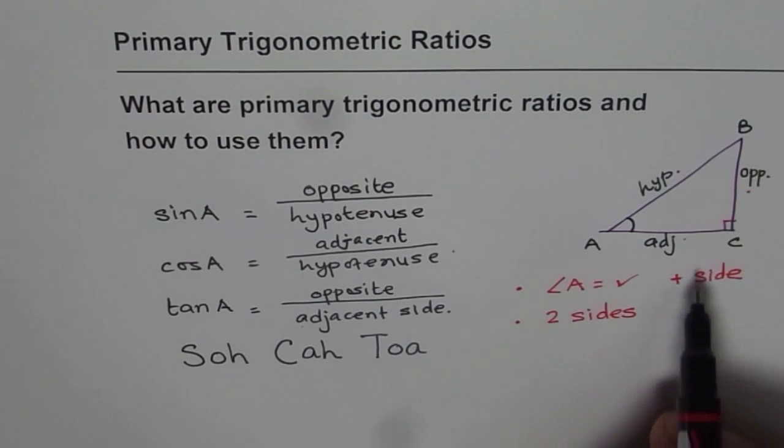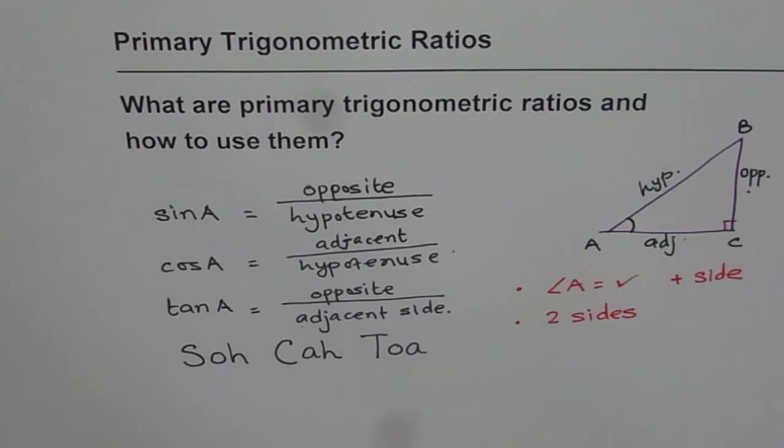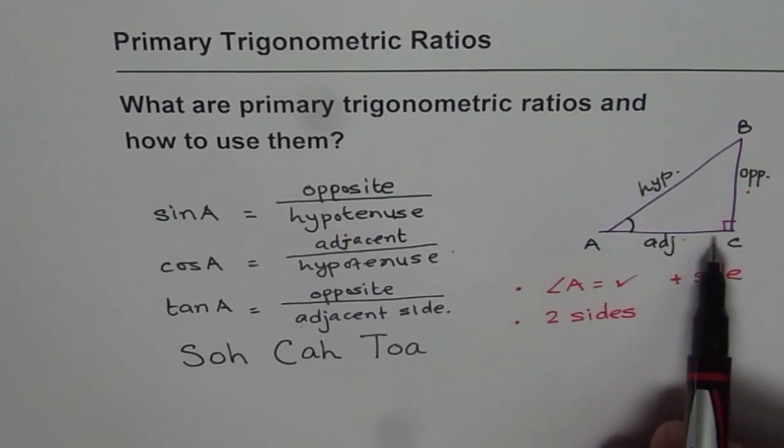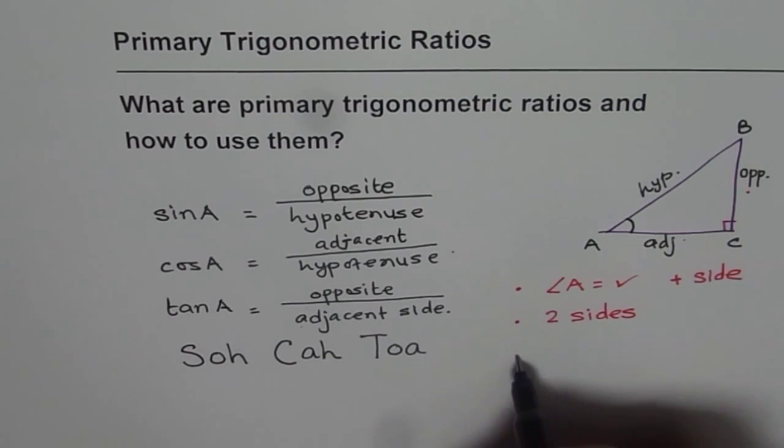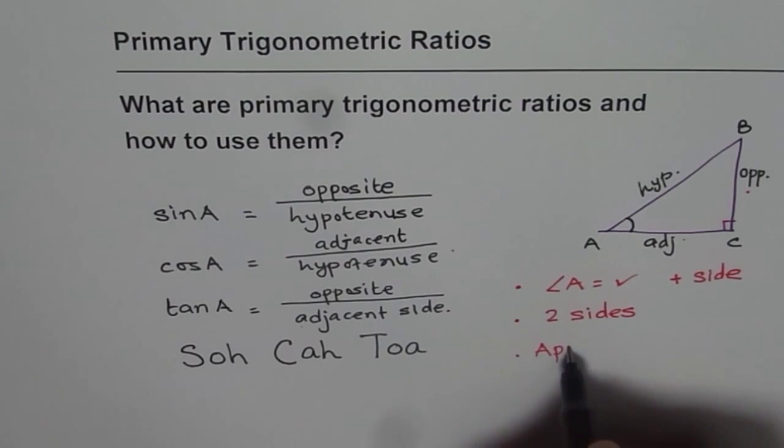So we can solve a right triangle. This is a basic application which can help us solve so many different kinds of problems. Based on this, we can actually solve many application questions.